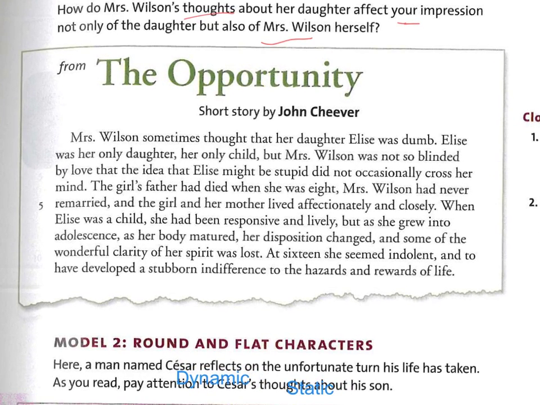Mrs. Wilson sometimes thought that her daughter Elise was dumb. Elise was her only daughter, her only child. But Mrs. Wilson was not so blinded by love that the idea that Elise might be stupid did not occasionally cross her mind. The girl's father had died when she was 8. Mrs. Wilson had never remarried, and the girl and her mother lived affectionately and closely.